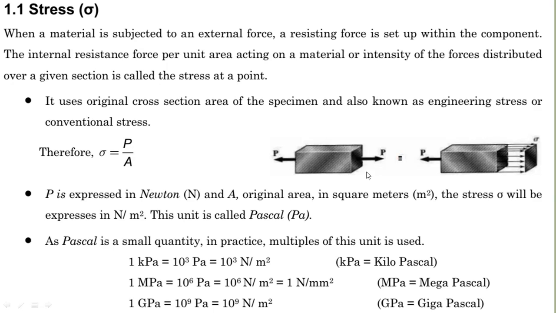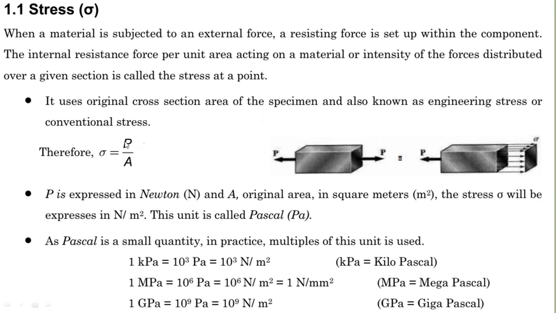P is the external force, with a resisting force within the component. Whenever we apply any force on any material, some internal resistance is developed in the material. That internal resistance per unit area acting on a material is called the stress at that point. So therefore stress is equal to P upon A.